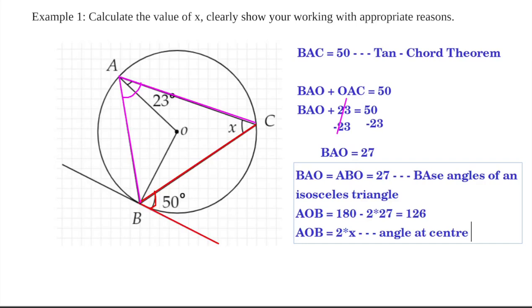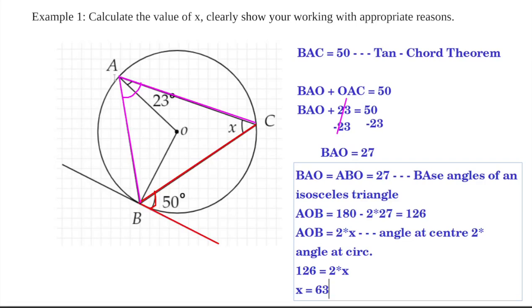Then your angle AOB, that's 126, is equal to 2 times X. If you divide both sides by 2, you are going to get that your X is equal to 63 degrees.